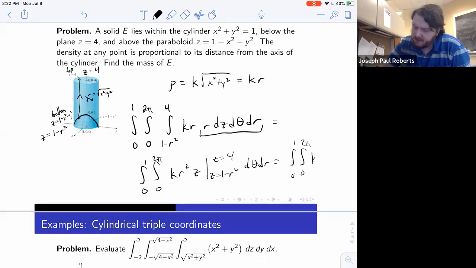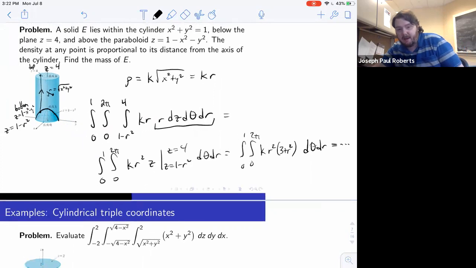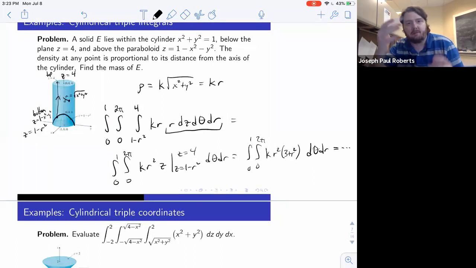When you plug in and subtract, you'll have kr squared times 3 plus r squared d theta dr, which, if you rewind back, is what we got a few minutes ago when we waited to do the polar conversion on the double integral. So that's the idea of cylindrical. Really, nothing's happening to z. You're still thinking bottom and top z surfaces, but your x and y, everything gets converted to r and theta.